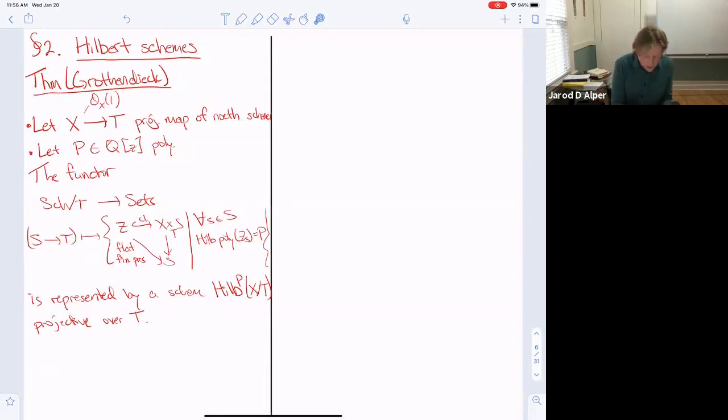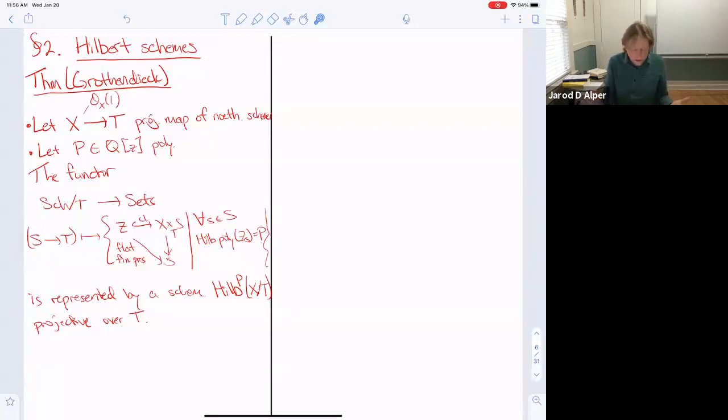We start with a projective morphism of Noetherian schemes, and we take a relatively ample line bundle O_X(1). We fix some polynomial with rational coefficients, and then we consider this moduli functor, where to a scheme S, you associate all closed subschemes of the pullback, which are flat over the base and with a given Hilbert polynomial.